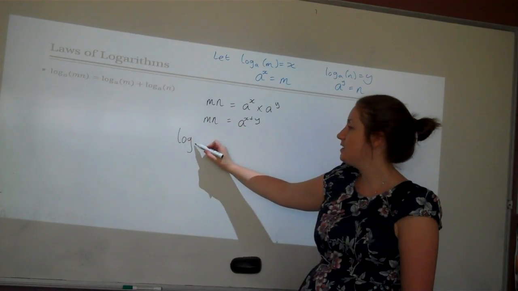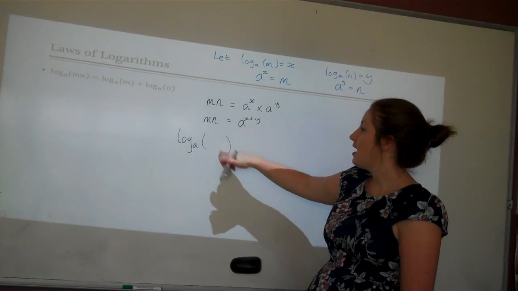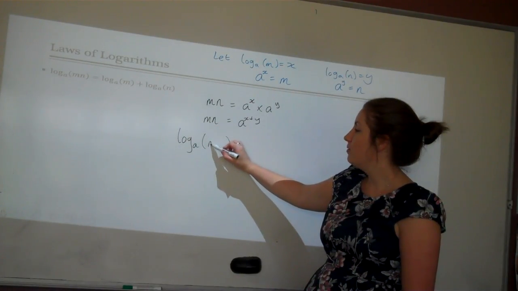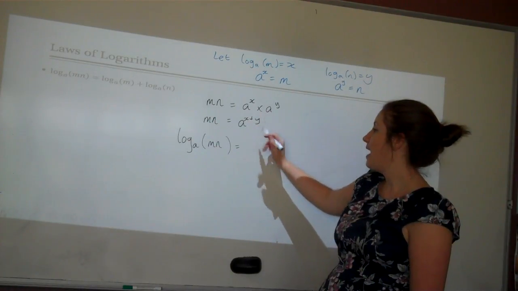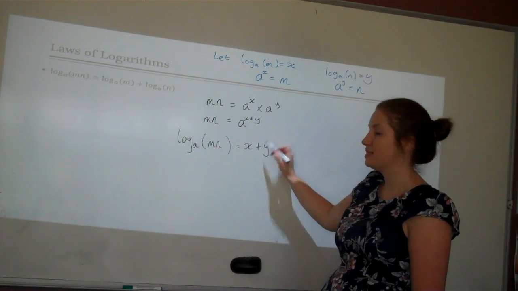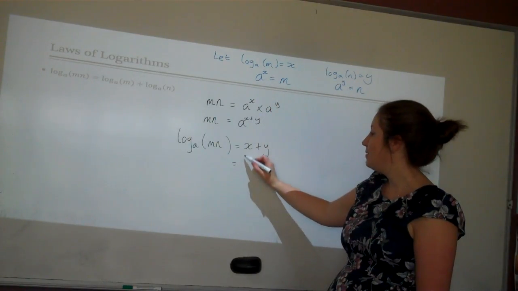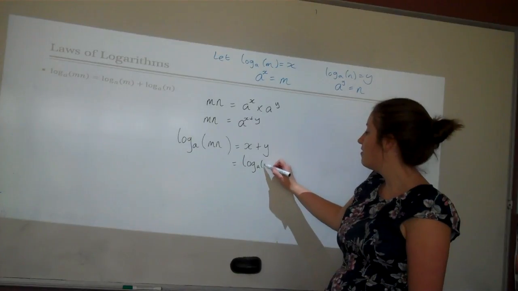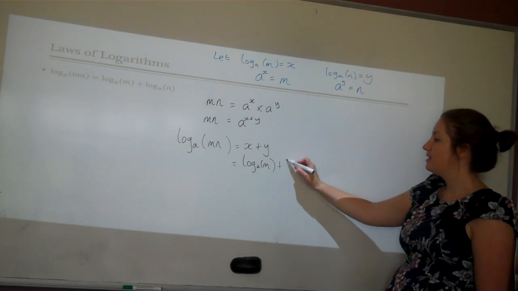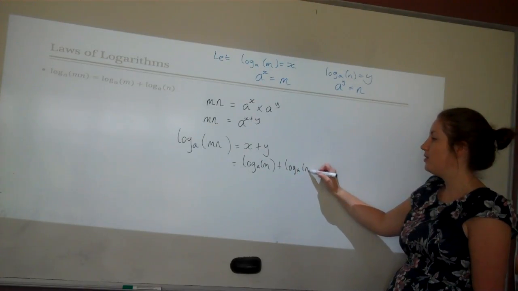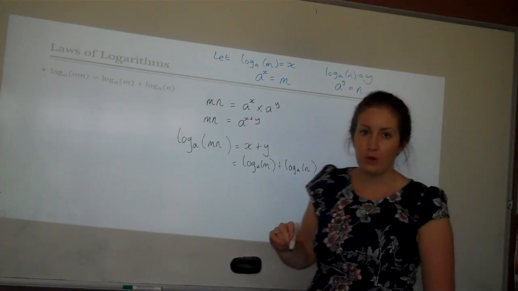Our base here was a, so our base is going to be a as well. In brackets we have what it was equivalent to before, mn, and it's now going to be equal to our old power, x plus y. We know x was defined earlier as being equal to log a of m, and y was defined as log a of n earlier. So this has proven the first of the logarithm laws.